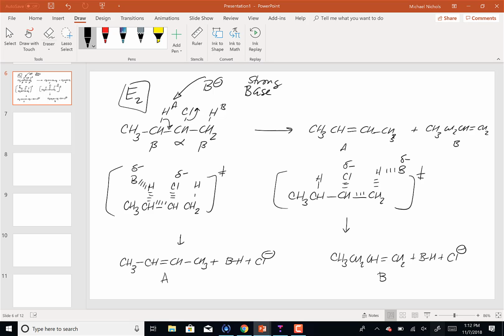All right, so is everybody kind of with me here? Say it again, please. What did I say? Think about E2 and E1. The difference between E1 and E2 is in E2, the base is actively taking the beta hydrogen away. It's part of the rate determining step, because this is a one-step mechanism, just like SN2 was.